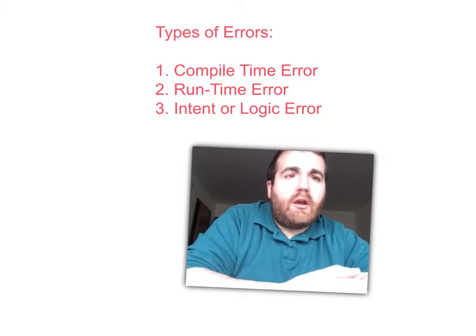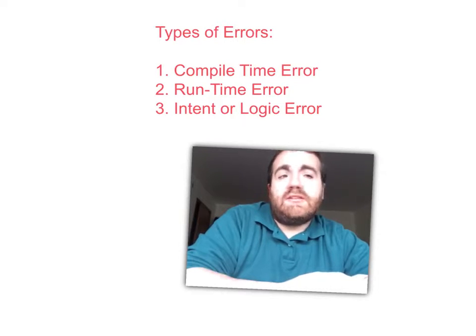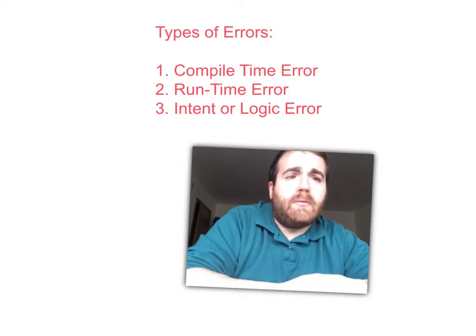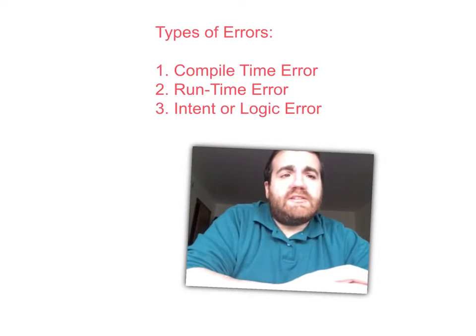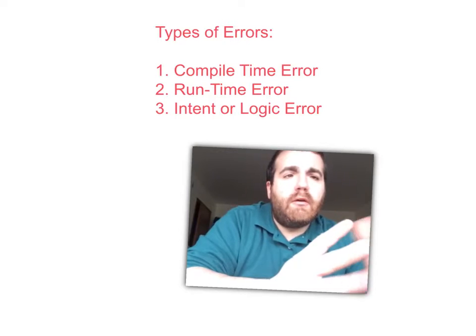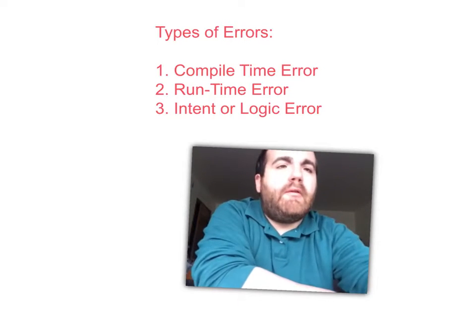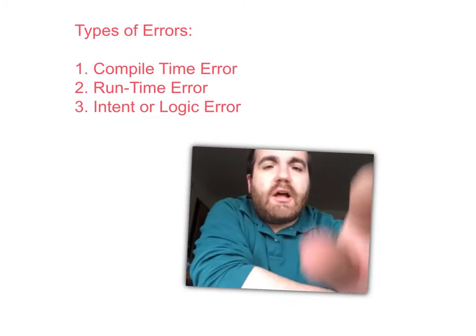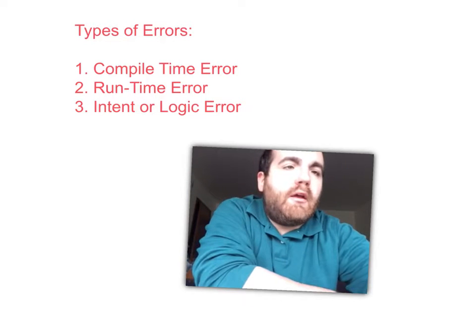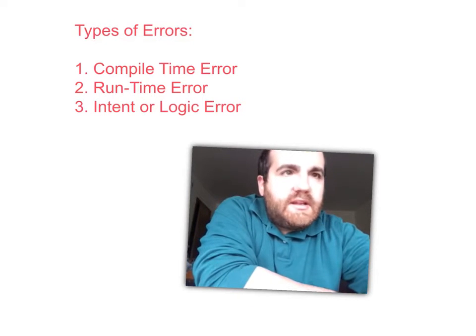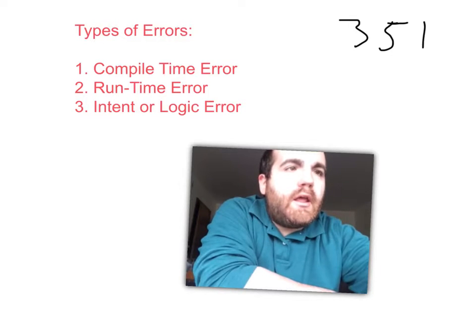The third error would be an intent or logic error, and that is something that is essentially a programmer's error. So let's go back to the example I was using a little bit ago with calculating a pay rate. An example of a logic error there would be taking a rate. Let's say the person only worked 35 hours, but then we went ahead and multiplied that by 1.5, whatever the rate is.